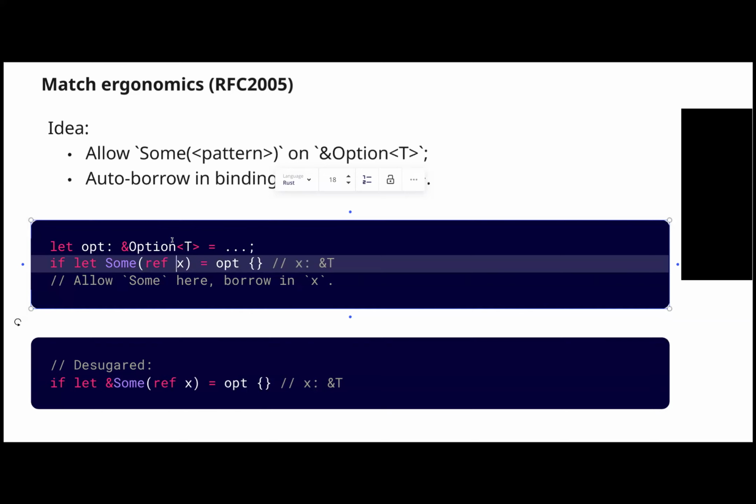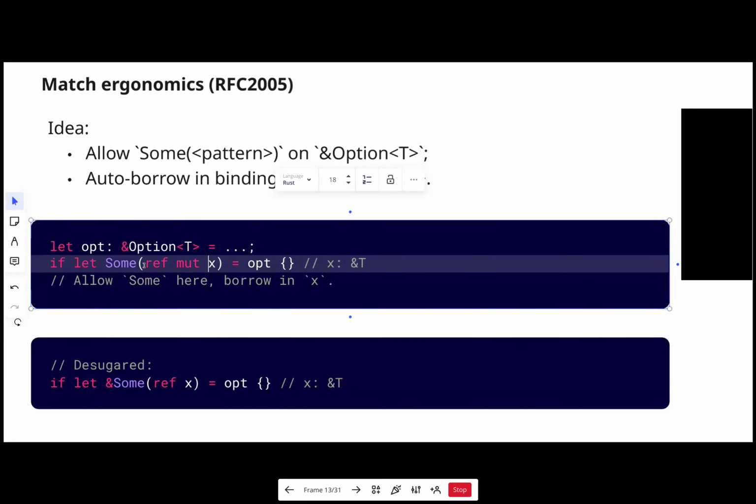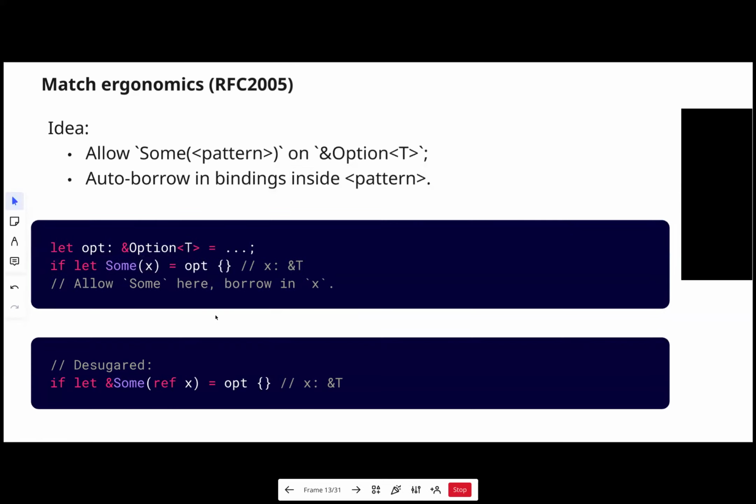Then there's ref that tries to take a reference to the place, and ref mut that tries to take a mutable reference. We call that the binding mode. And the way match ergonomics works is that when we go through a reference, then we remember this default binding mode that by default, because we went through a reference, we put a ref. If someone wrote ref mut instead, then the default doesn't apply. And in this case, you get an error because you're trying to mutably borrow something you cannot borrow.